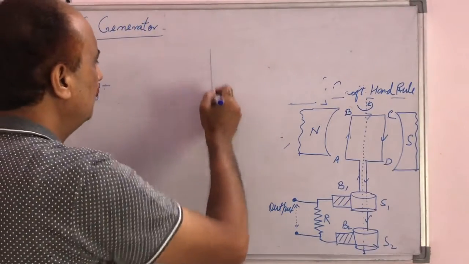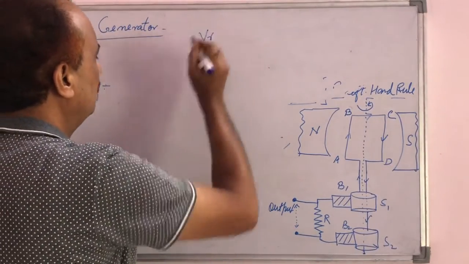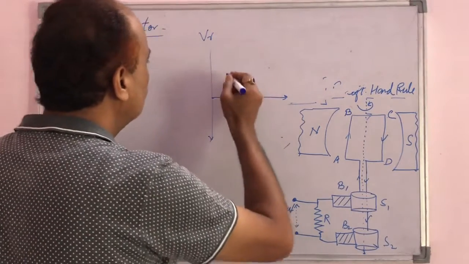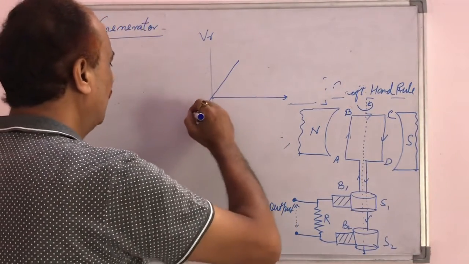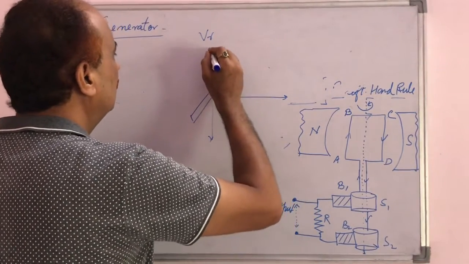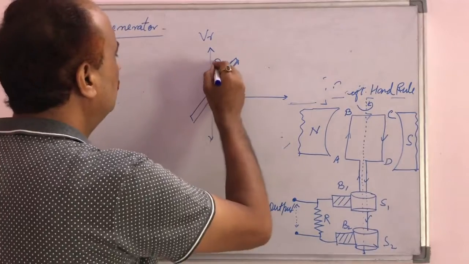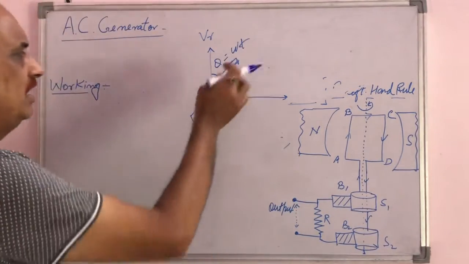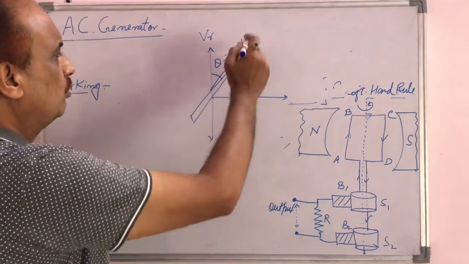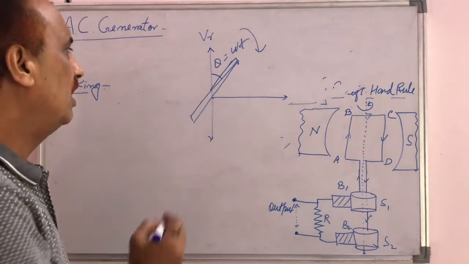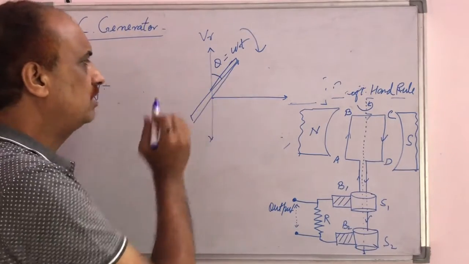This is the vertical situation, and suppose this is the position of the coil at any instant of time; it makes an angle theta from the vertical. So theta equals omega t, meaning at any instant of time t, when the coil is rotating with angular velocity omega, it makes an angle theta with the vertical situation.